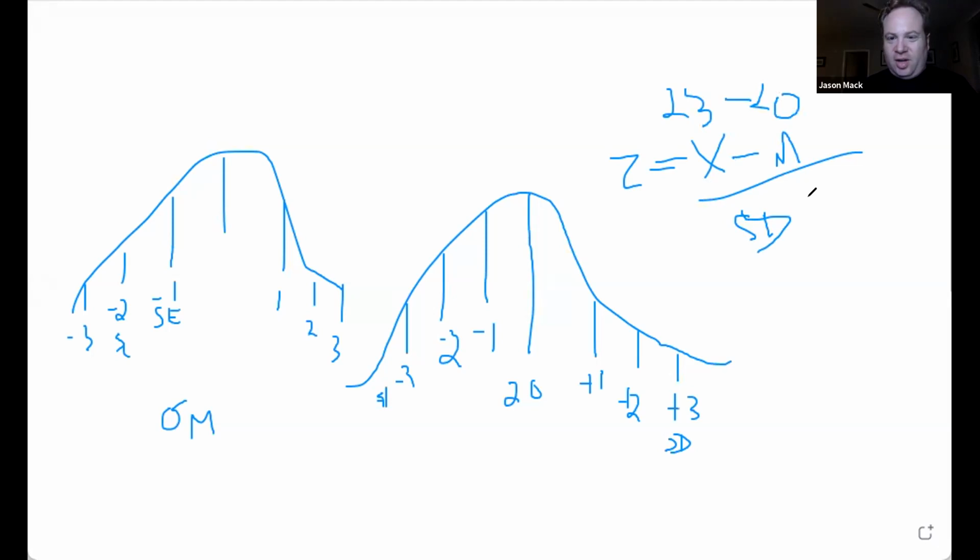And our standard deviation, I think, was 6? I'm pretty sure. Let's go back and double check that. Oh, it was 36. So that's going to be a little different. This would be 3 divided by 36.